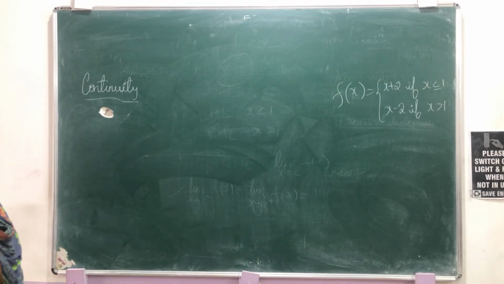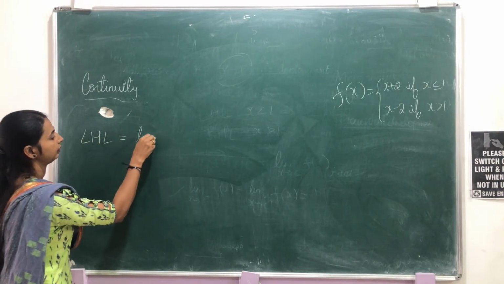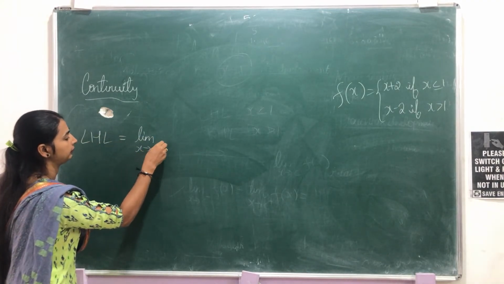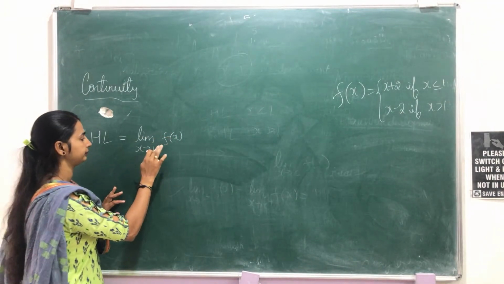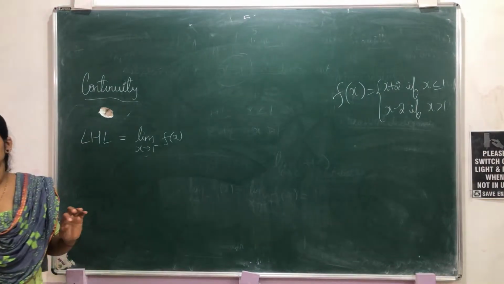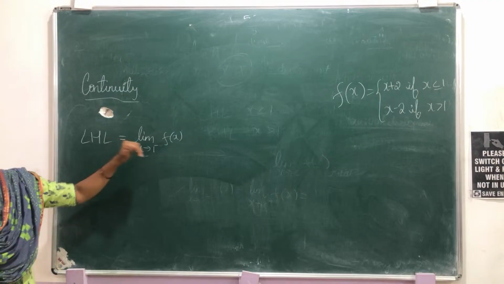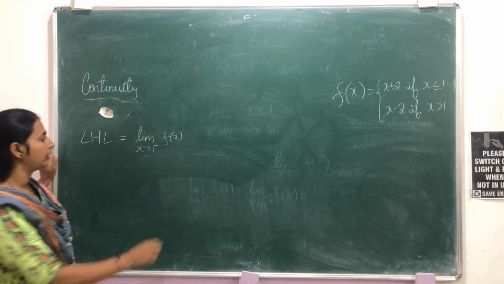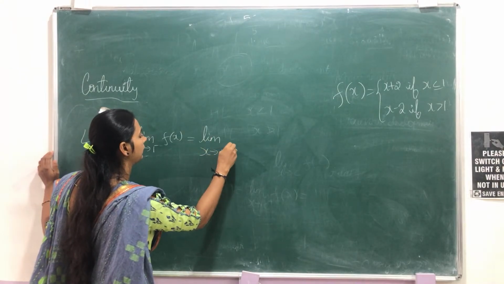Done? Yeah. So first we'll check the left hand limit. That means limit x tends to 1 minus f of x. So it's not minus 1. This is nothing but the left side of 1. Which is equal to limit x tends to 1 minus.